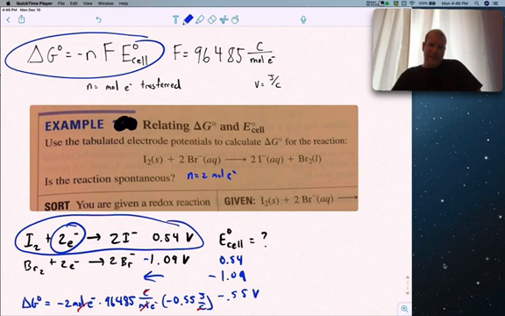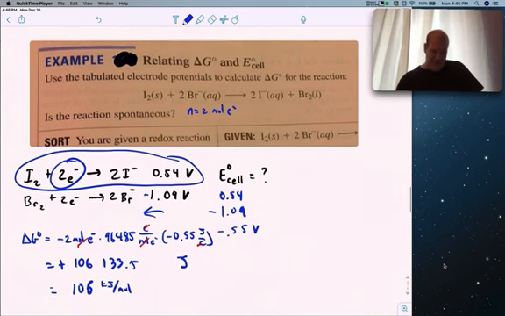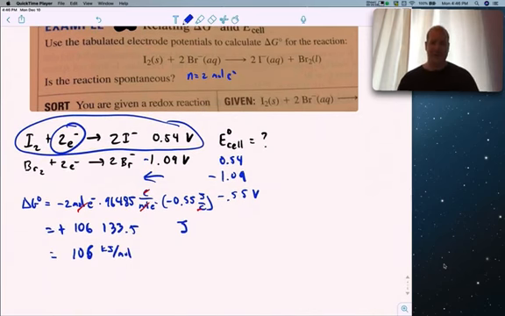In this case, it's 2. So delta G0 is minus 2 moles electrons times Faraday's constant, 96,485 coulombs per mole electron, times negative 0.55 volts, or joules per coulomb, and then we're left with 106 kilojoules per mole positive, and this is non-spontaneous because it's a positive delta G.